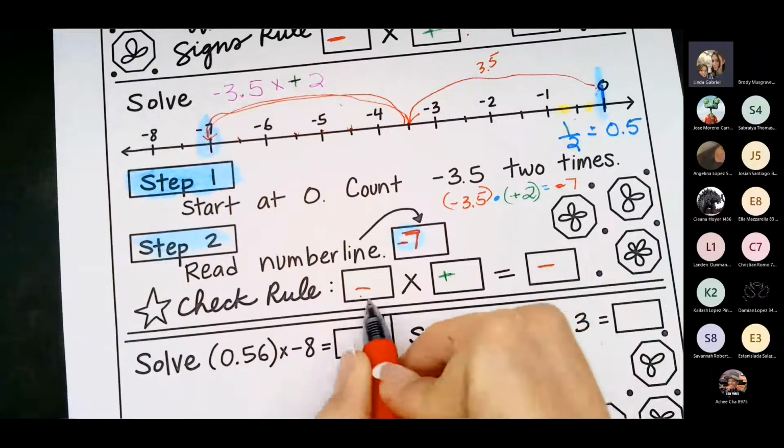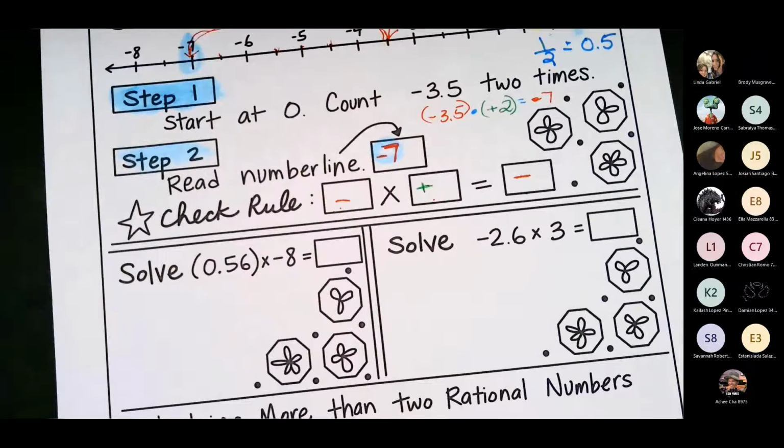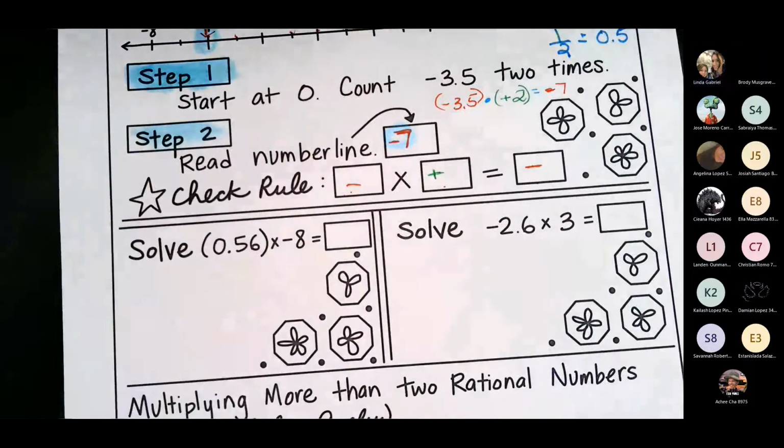Right, so I had negative, positive, equal to negative. Okay. Is that making sense?